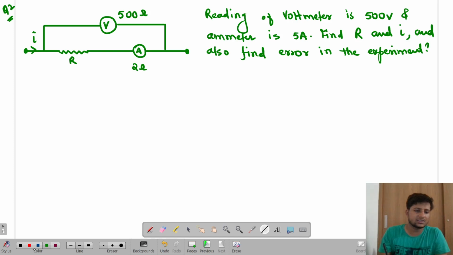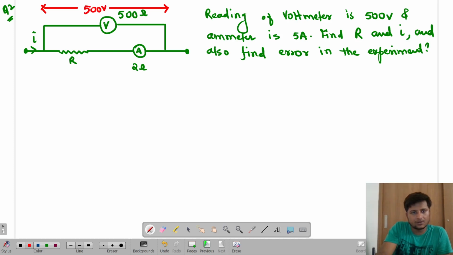I'll make you understand. It's saying that there is a drop of 500 volts in our voltmeter, isn't it? It's saying that only, no? And here some current is passing, and that is equal to 5 amperes exactly.